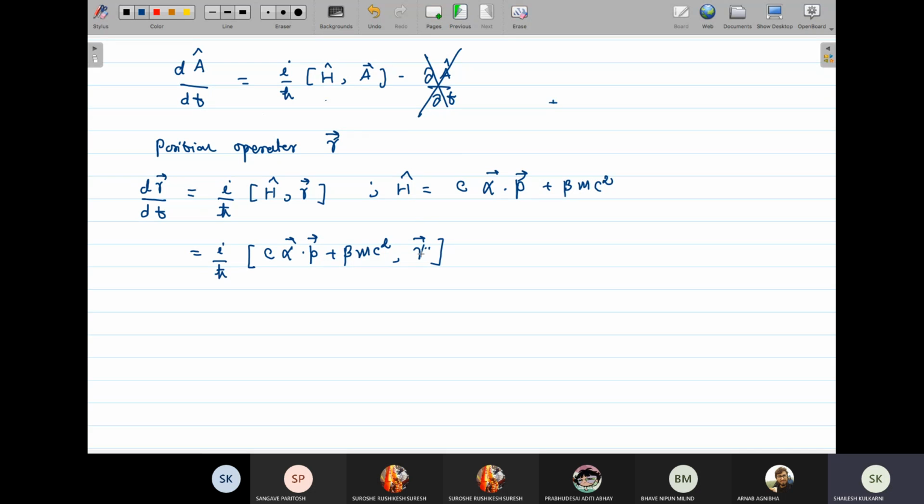So when I write r here, it is understood that there is an identity. So this refers to these alphas and betas, and r and p are operators in your Minkowski space, in real space.